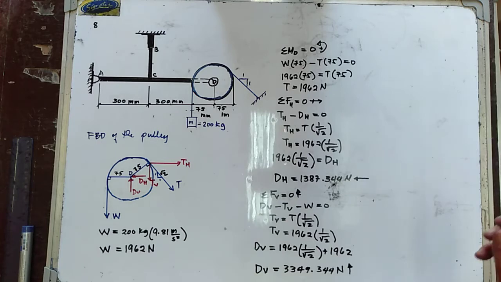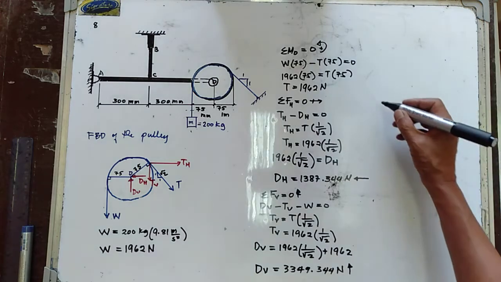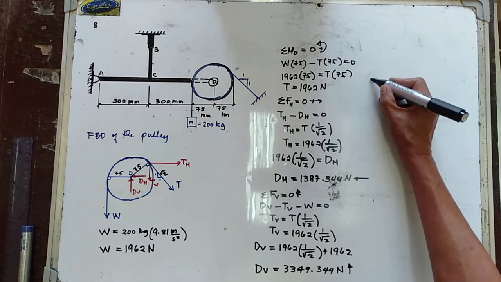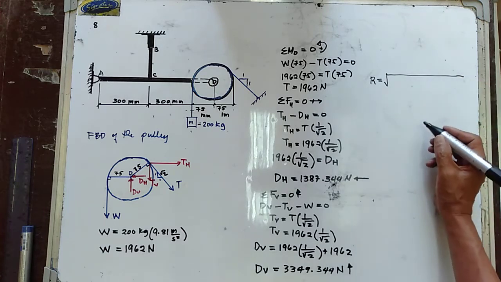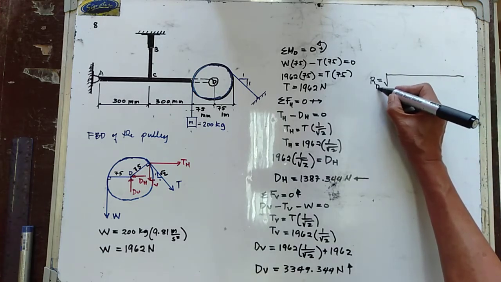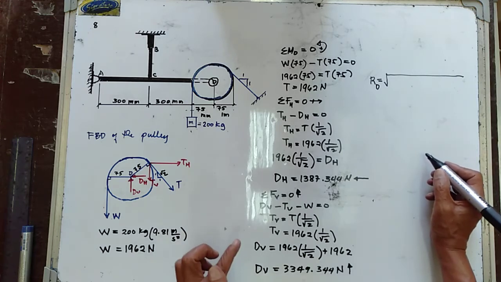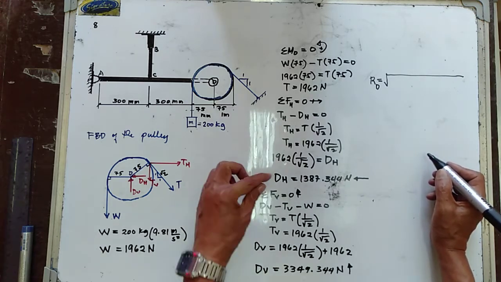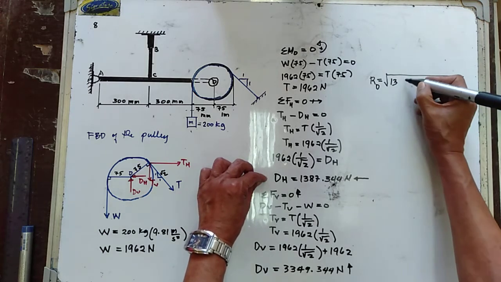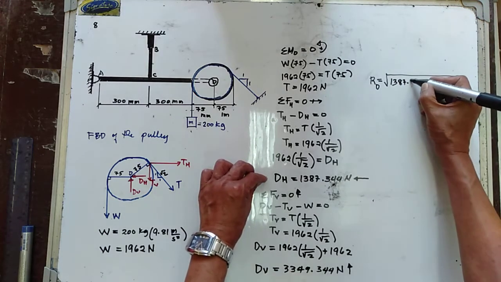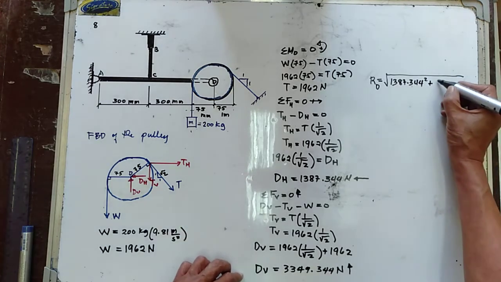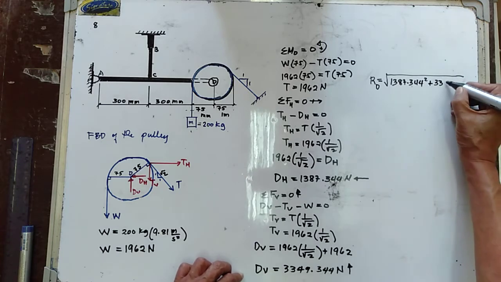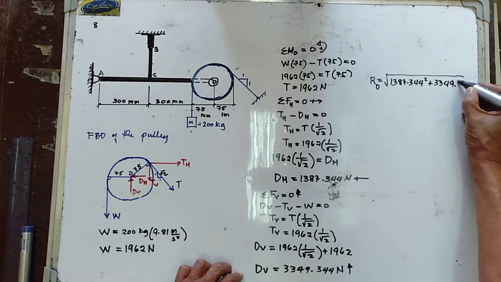Let us now determine the total reaction at point D. The total reaction at point D, R_D, is equal to the square root of the horizontal squared, 1387.344 squared, plus D vertical squared, 3349.344 squared.